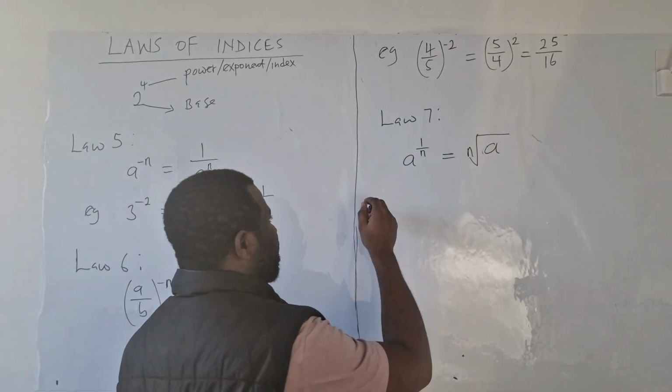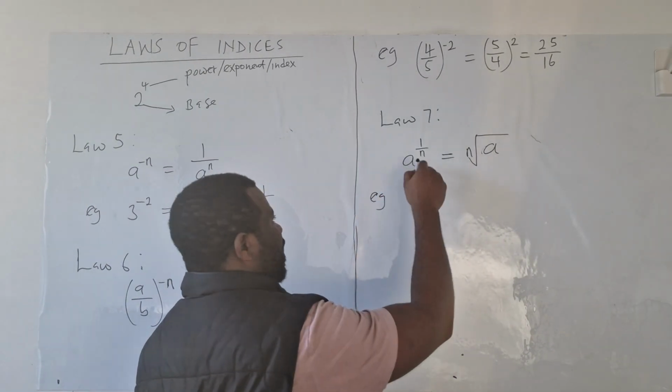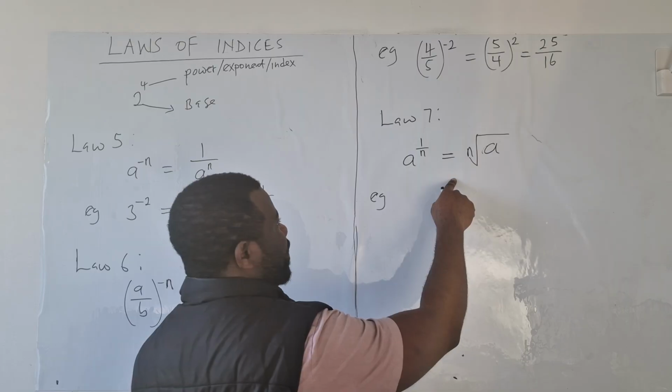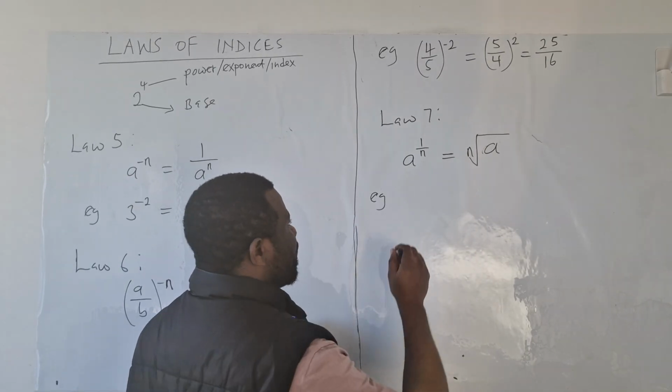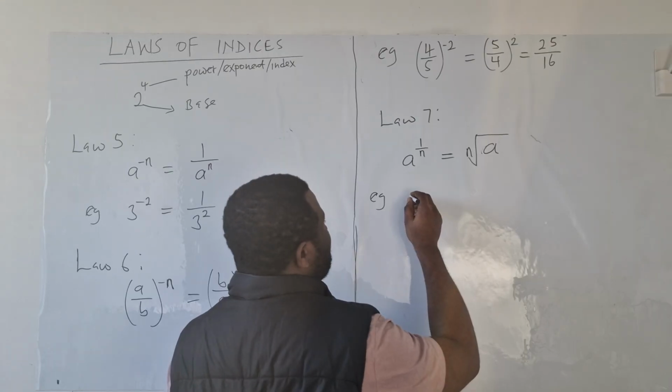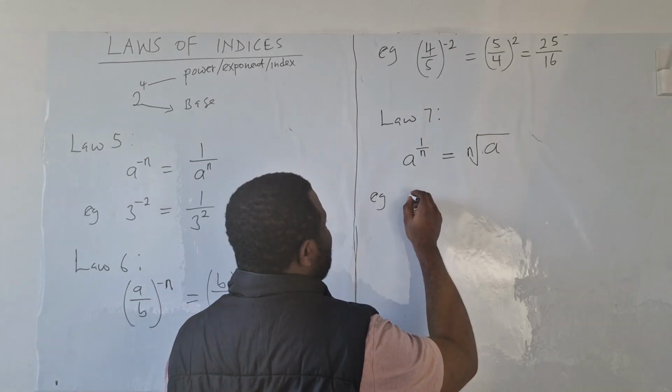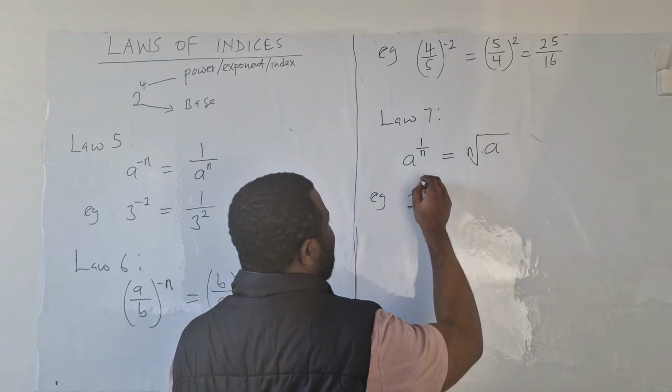So a raised to the power 1 on n is equal to the nth root of the base a. For example, let's say I have 2 raised to the power 1 on 4.